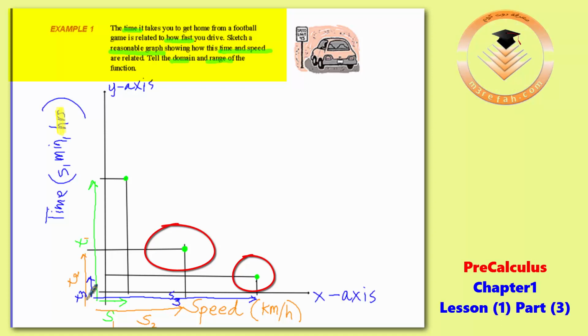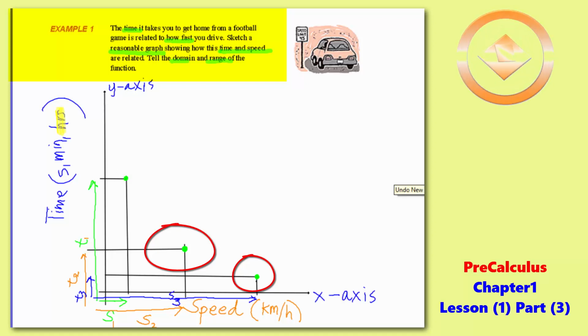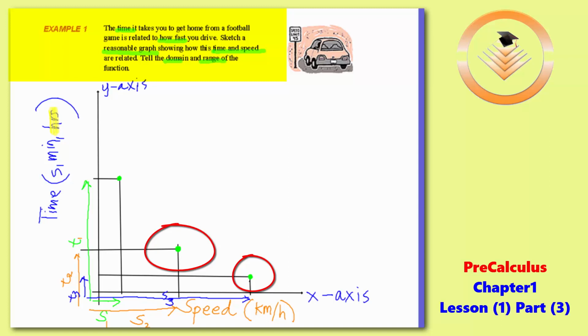Okay, so let us look at the curvature or the graph of this function. Okay, I'm going to draw. Okay, that's not very good. Let's use some. That's not very good also.